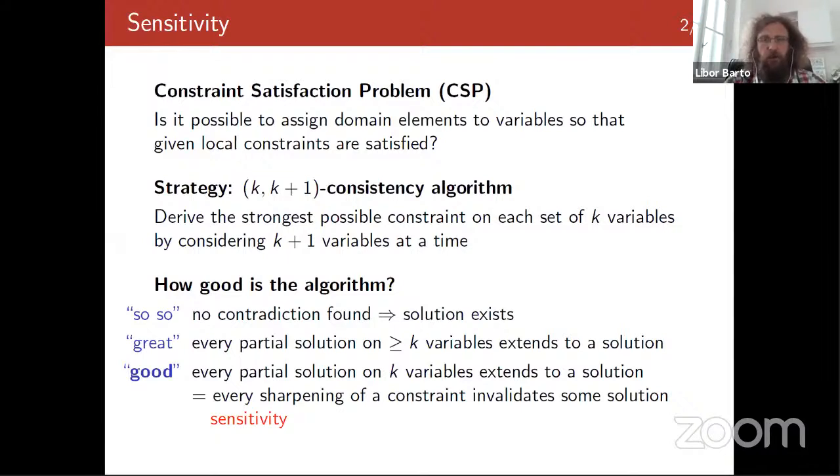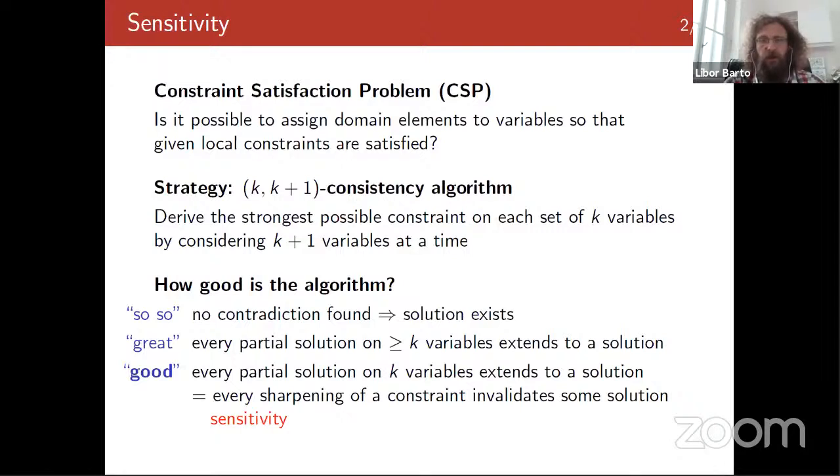I call this algorithm great if not only it can detect solutions, but if you perform this procedure, any reasonable partial assignment can be extended to a solution. And what we study in the paper is somewhere in the middle, which I call good. And this means that every partial solution on exactly k variables extends to a solution.